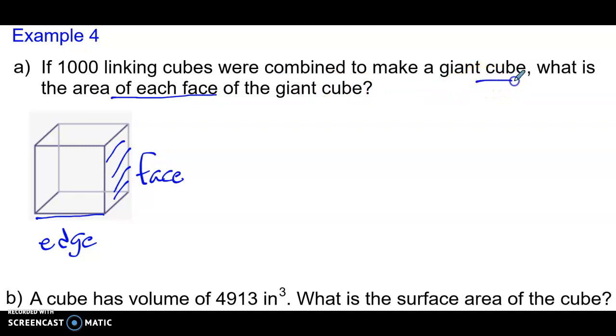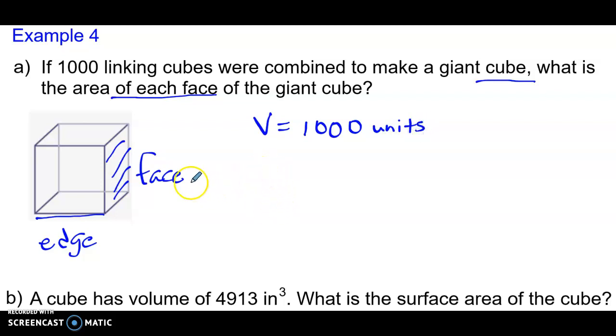Since it is a cube, we know it has 6 faces, and all 6 of those faces are going to be equal. So our question is, what is the area of one face of this giant cube? They told us that there are 1,000 linking cubes. So if we have 1,000 linking cubes to make up that complete cube, we know that the volume of the cube is 1,000 units.